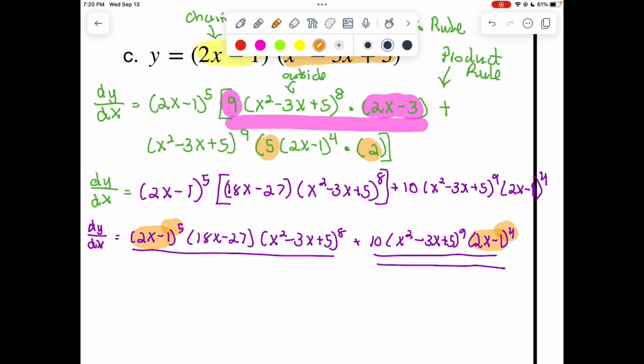So I'm going to factor out 4 of them, the amount that's in common in both. Then I also notice that both terms have x squared minus 3x plus 5 in common. In the first term, I have it 8 times, and in the second term, I have it 9 times. So I'm going to factor out 8 of those, because that's the most that's in common in the two.